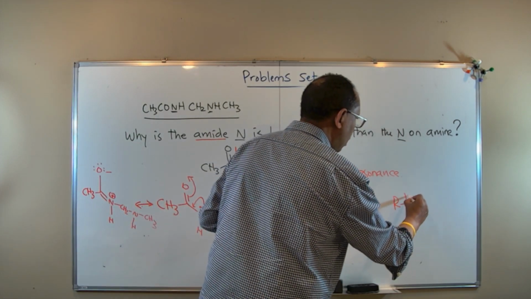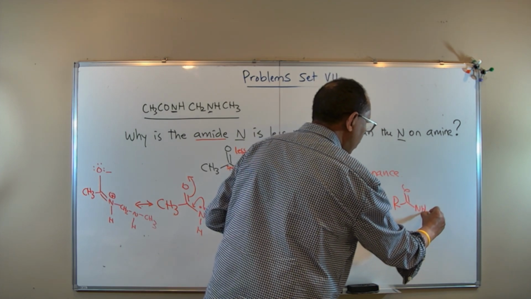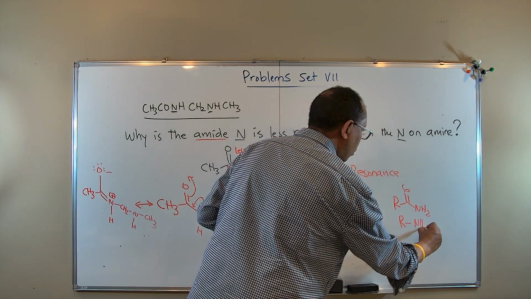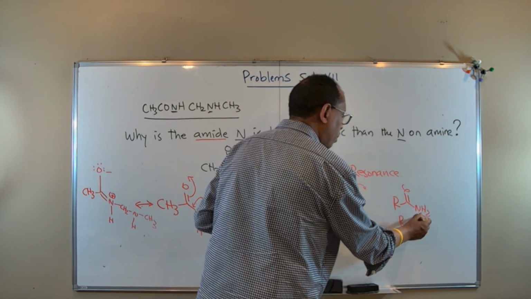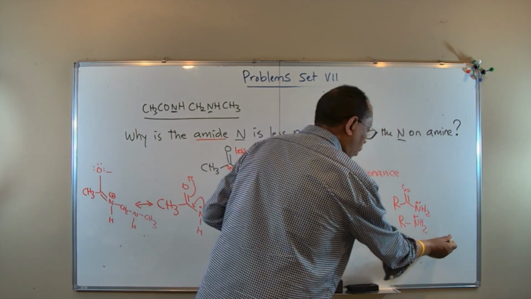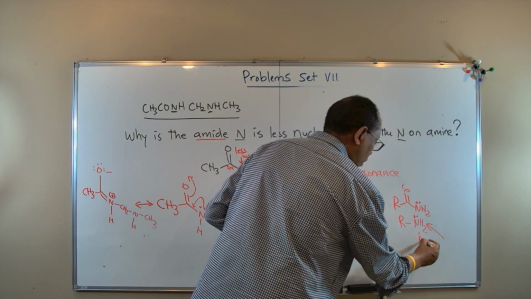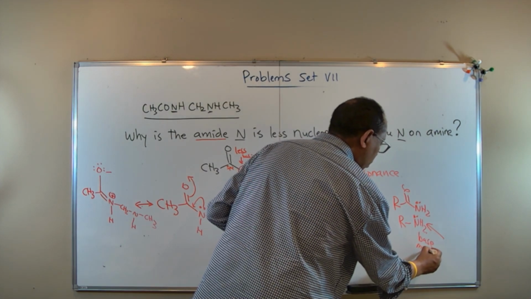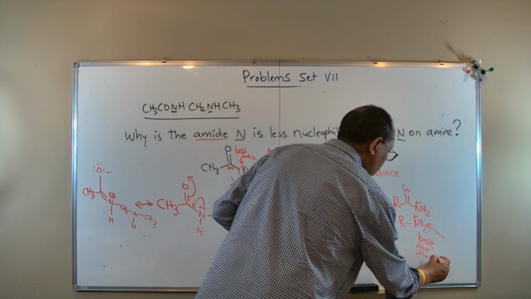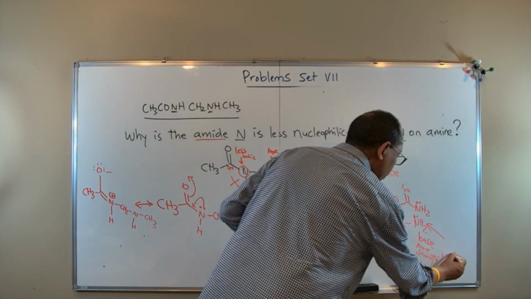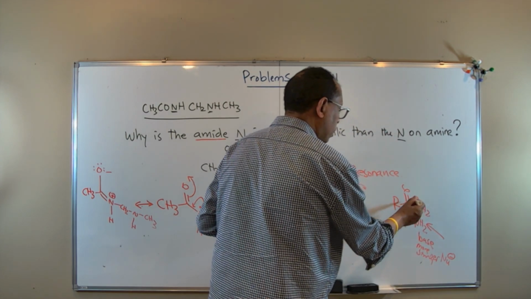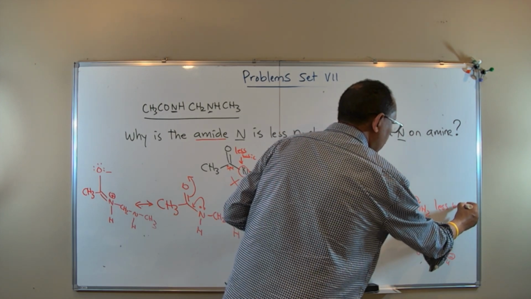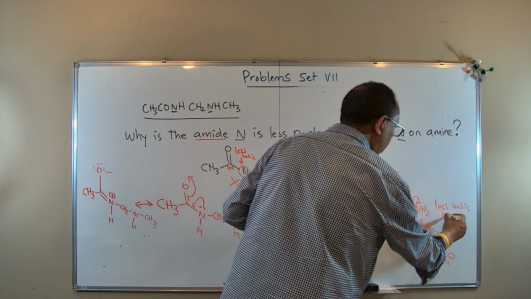R NH2 versus R NH2. This lone pair of electrons is more strongly basic, a strong base, and a stronger nucleophile. Here, because they do this resonance, they are less available, less basic, not a nucleophile.